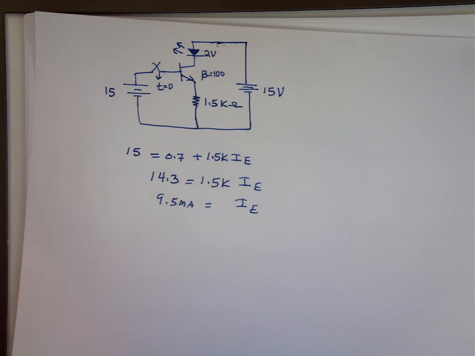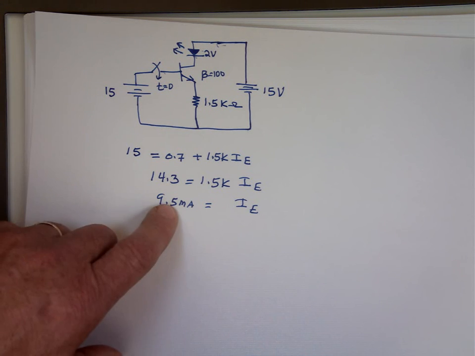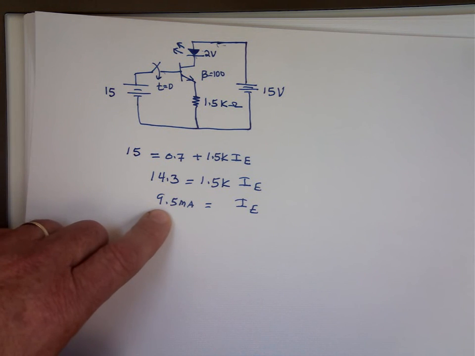Now, I sub C is going to be roughly what I sub E is. Give and take, maybe 0.1, it might be 9.48. So it's really not going to make much of a difference.